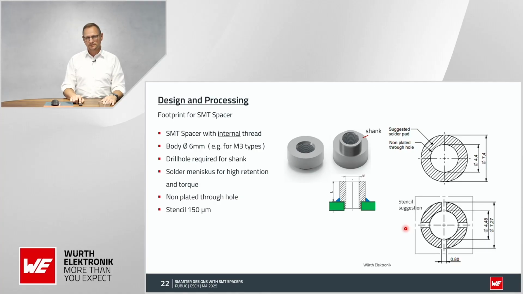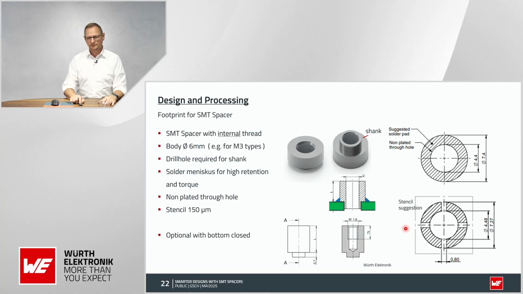Stencil is also given in a suggestion for 150 microns, and here's what it looks like. Optional, we also have types with bottom closed, means the borehole is not getting all through, but we have this kind of shank which is closed on the bottom, and there is a closed borehole with a thread inside as well.